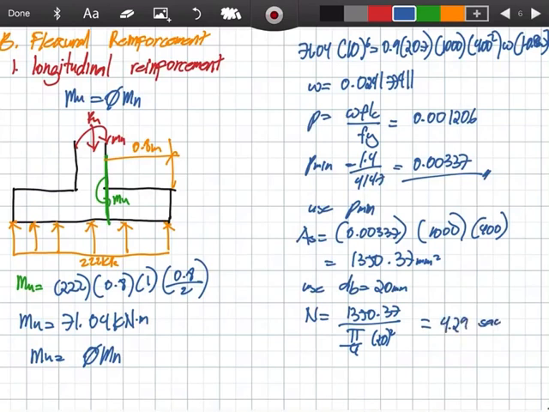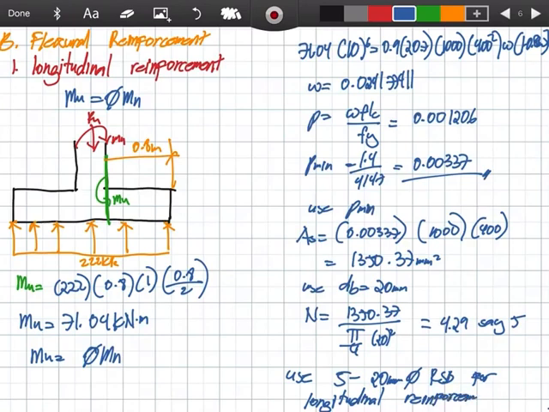Say 5. So use 5 20 mm diameter RSB for longitudinal reinforcement. Okay?